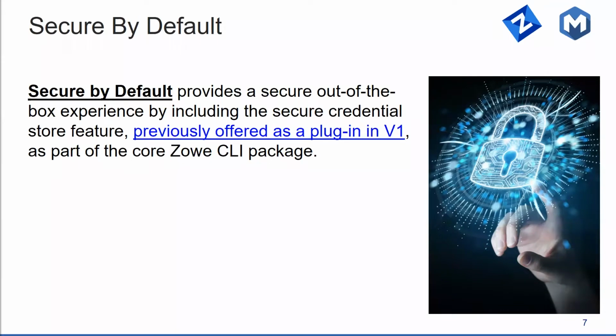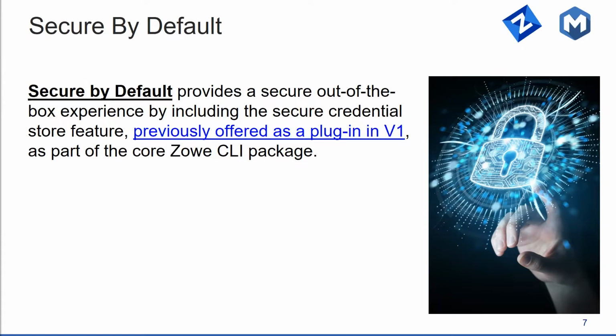There's a settings.json file in the Zowe home directory that determines what credential manager is in use. So if there was a plugin that needed to change that value, I believe it would override it there. But the hooks and things that are in the core code, those are still available.